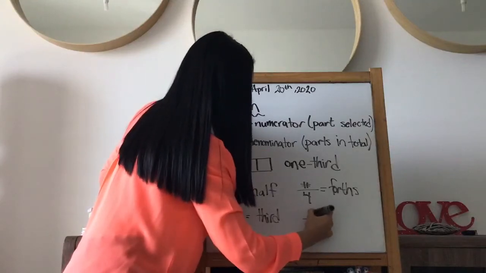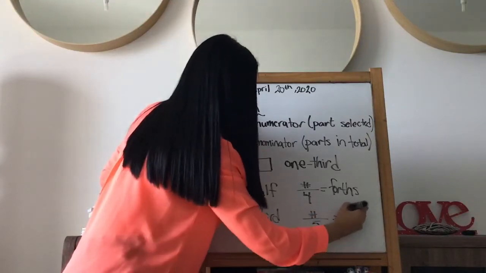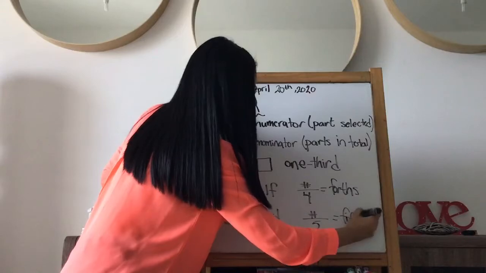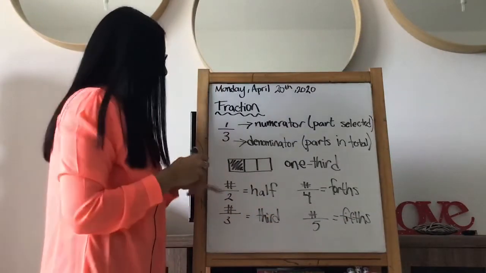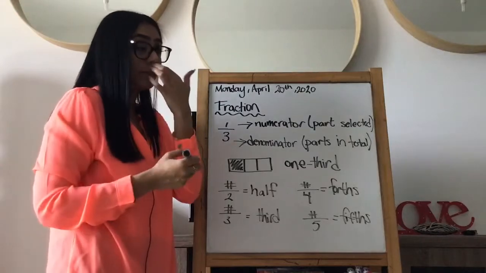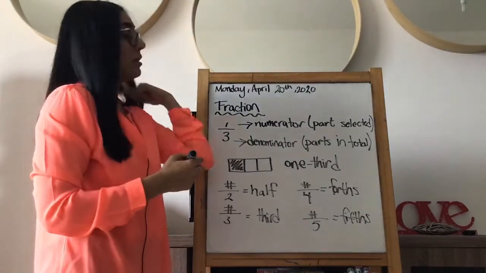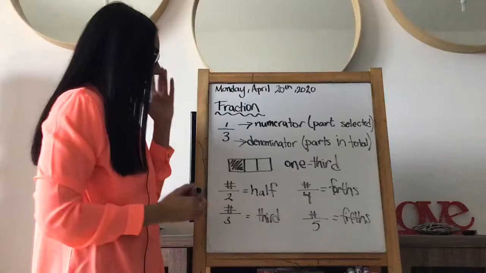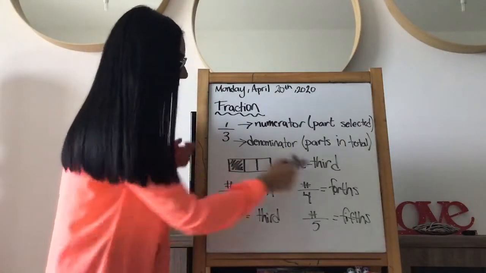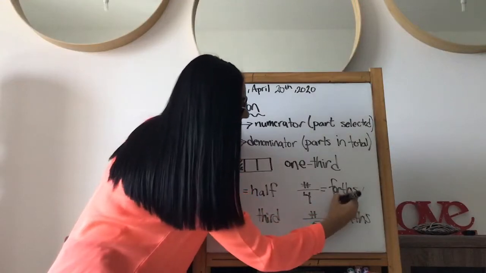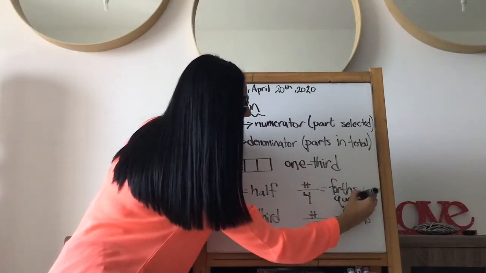Any number over 5, fifths, right? Hopefully that's coming back. Anything over 6 would be sixths. So if it was 3 over 6, we could say 3 sixths, or 3/6, that's still fine. Just a quick reminder of that. Okay, and also with 4, remember it could also be quarters, right?